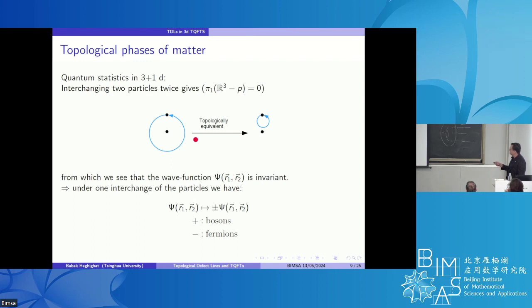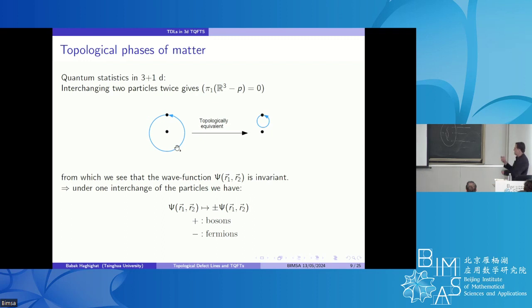But because of this topological equivalence, it means that when you go once around, nothing happened, because it is equivalent to this configuration. So this is exactly equal to the previous configuration, so the wave function shouldn't change. Therefore, when you just exchange them, you don't go all the way around, but you go halfway around.